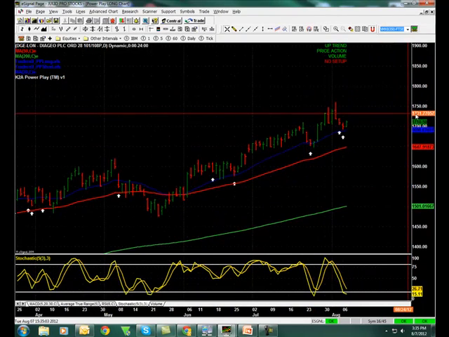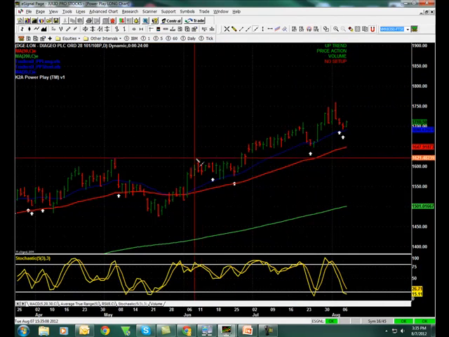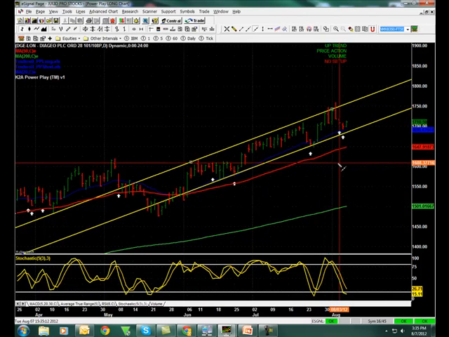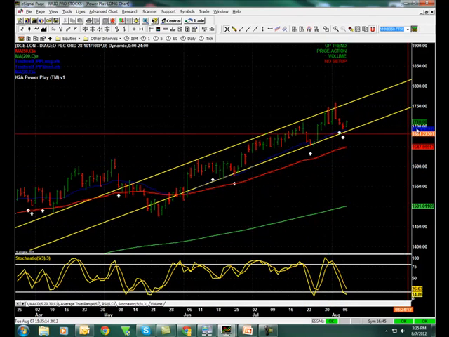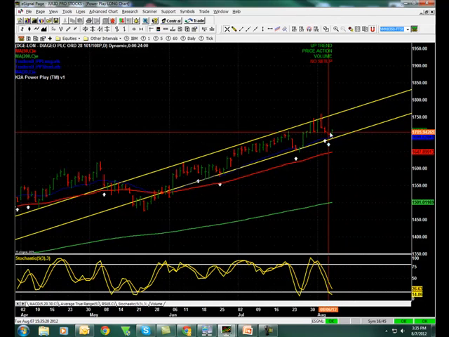Okay. This is the Agile. It's making higher highs and higher lows. There we go. That's the channel that we have. There. And it's giving a good entry here. That's yesterday's bar. Entry just above the high of the bar.